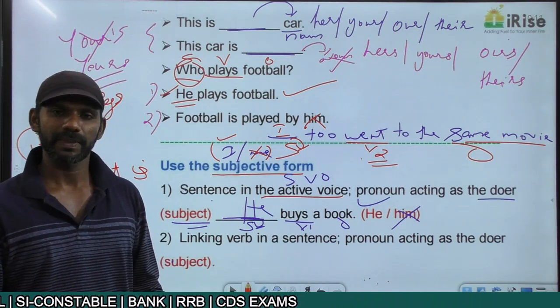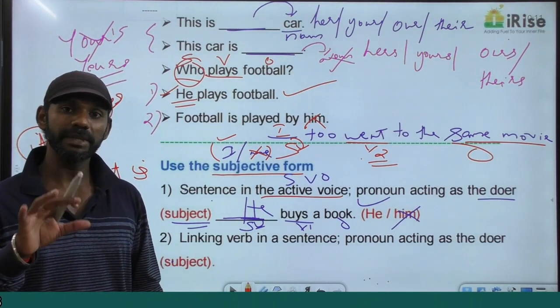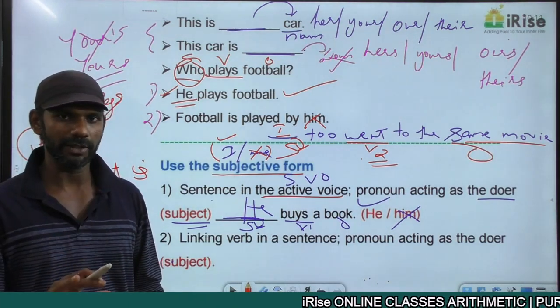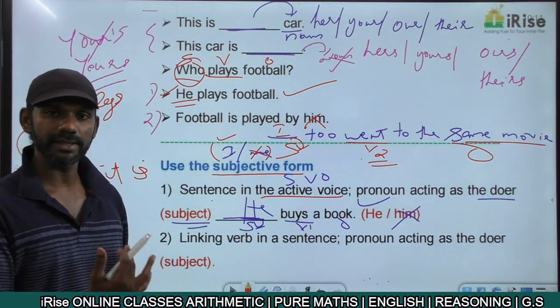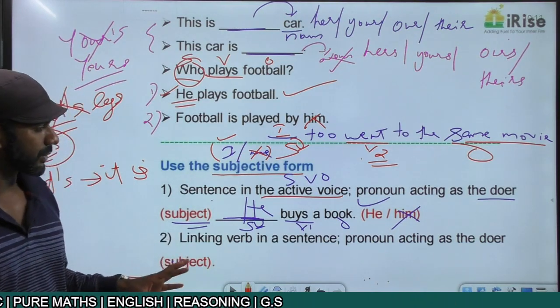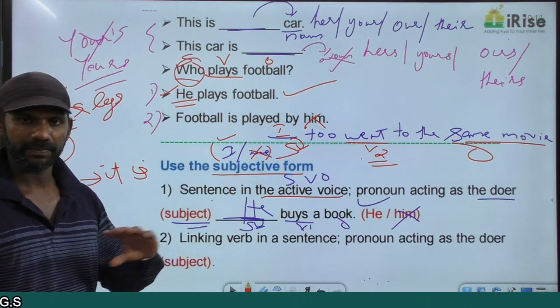It must be I too. Even though it sounds incorrect, it is correct. You know the Me Too movement, the women's movement; that is different, and I'll tell you about it. So it must be I too went to the same movie, and not me too went to the same movie. This is the very first situation where we need to use the subjective pronouns: when the sentence is in the active voice and when the pronoun acts as a doer. Getting it?